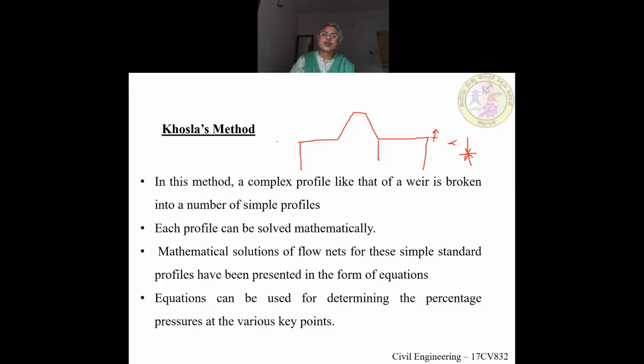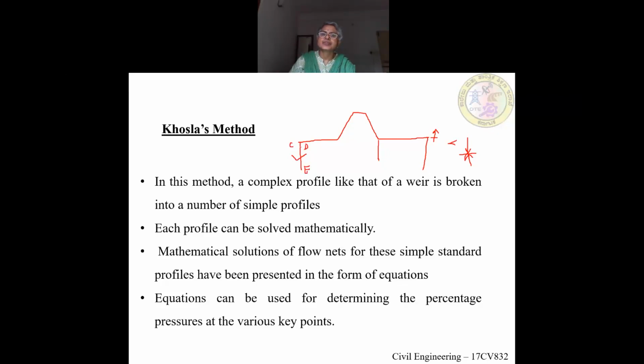So that is the exit gradient. A complex profile like this is divided into a number of simple profiles, and each profile can be solved mathematically. First we will consider the upstream sheet pile, and determine the pressure at different points. So it is divided into key points. Say this is C, then this is D, and then E here.